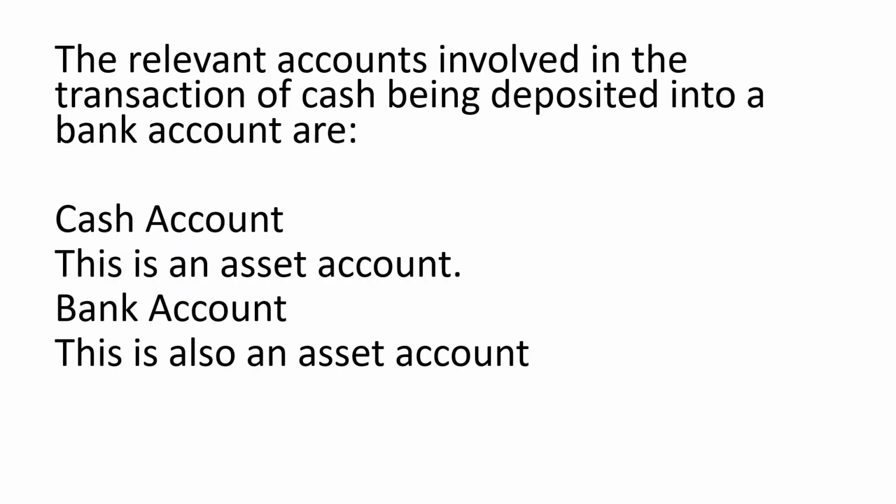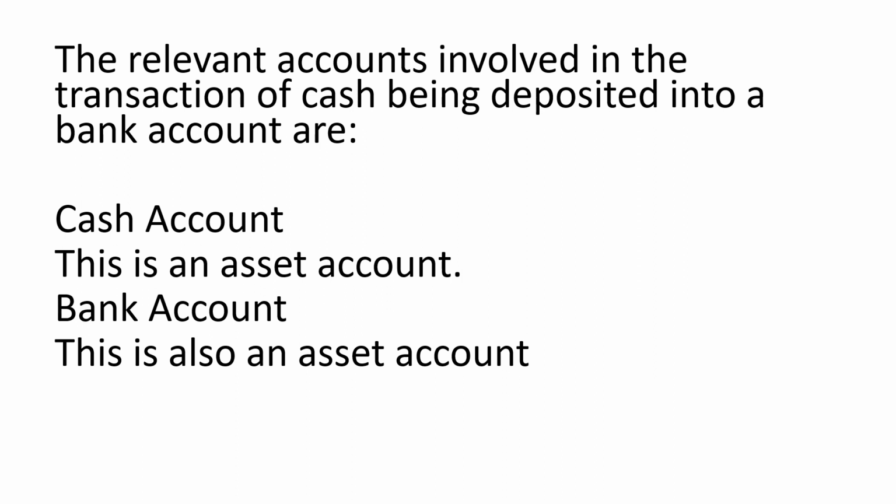As we are aware, there are two relevant accounts involved in this transaction. When cash is deposited into a bank, there are two accounts: one is the cash account and another one is the bank account. In this case, both the accounts belong to asset accounts.